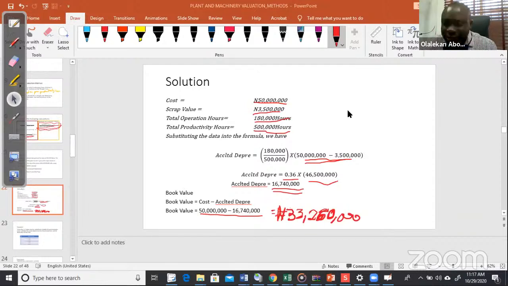The gross current reproduction cost of the plant.